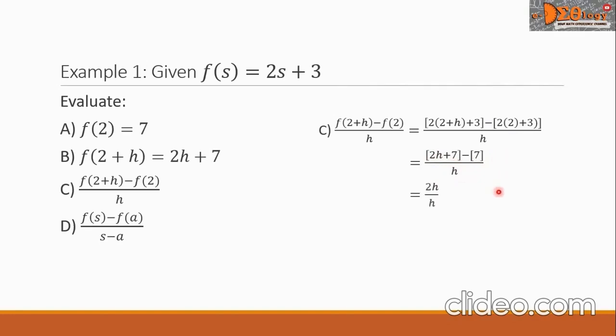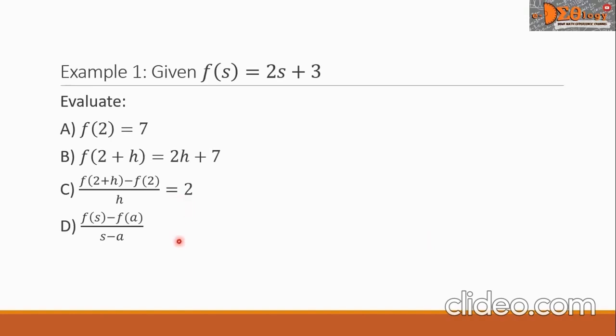So on the next line, we can put here 2h all over h. The h in the numerator and in the denominator can be cancelled out. So we have now our final answer to be 2. We can write this answer opposite letter C here. Then let's go to problem D.